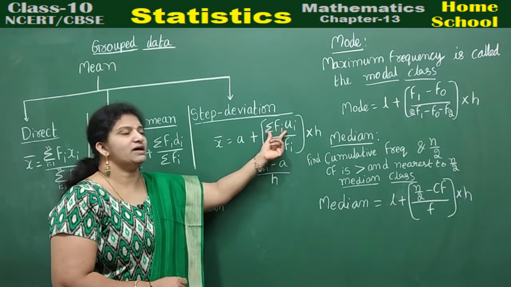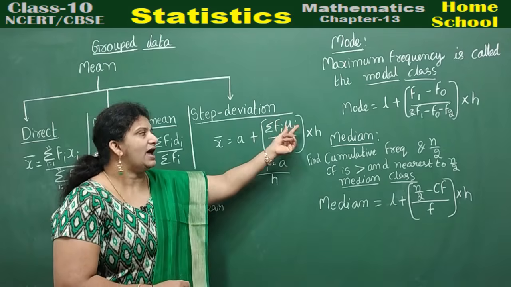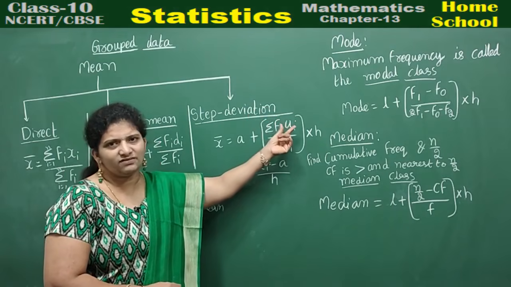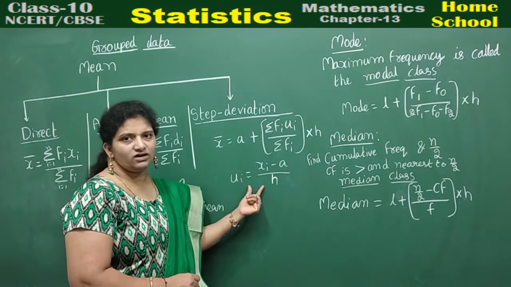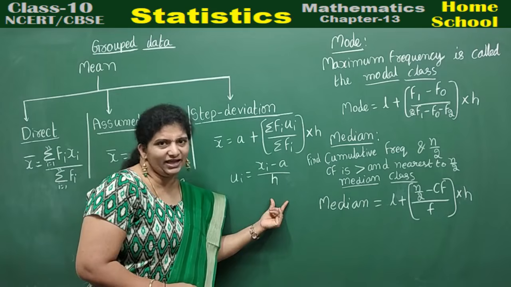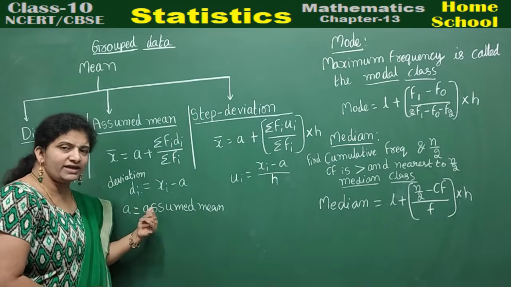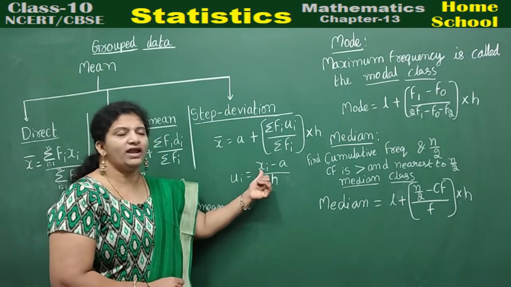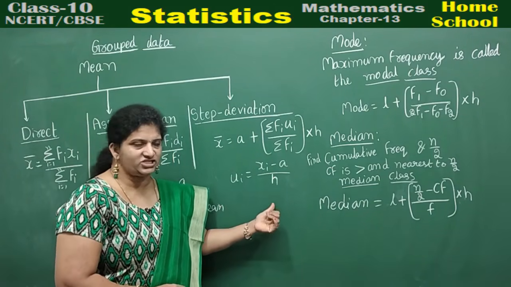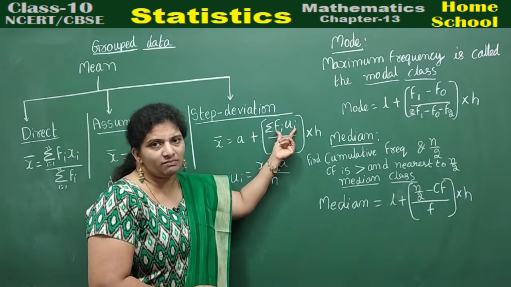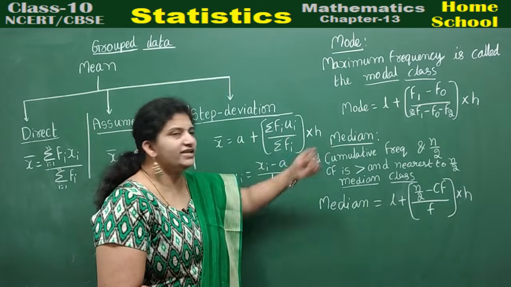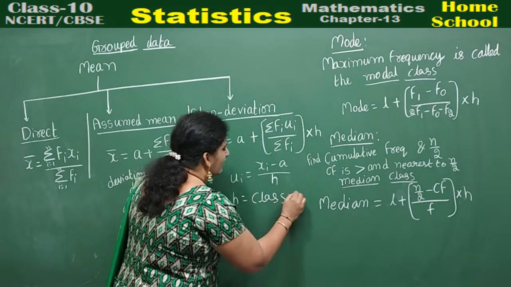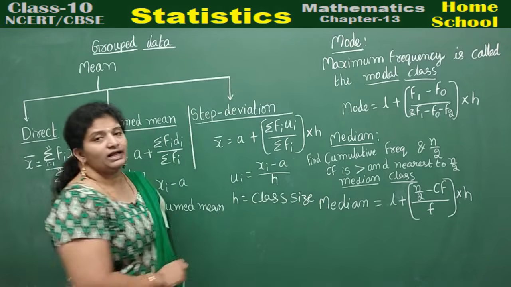A is the assumed mean, summation fi is the frequency, and ui is one more variable we have taken to find the deviation. ui is equal to (xi minus a) by h, whereas di is equal to xi minus a. Summation fi ui by summation fi into h. What is the extra letter h here? It indicates the class size.